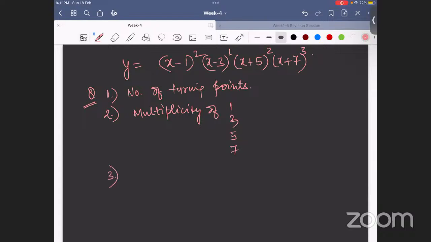And then they're asking the function's value at infinity. Okay, these are the three things that they have asked.